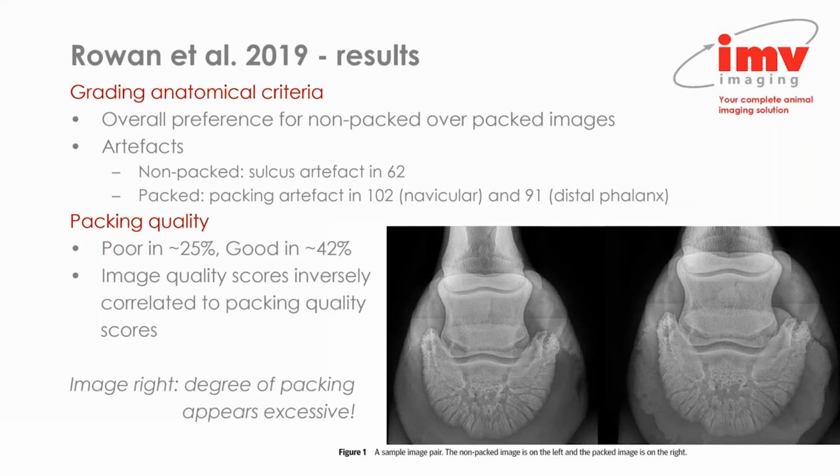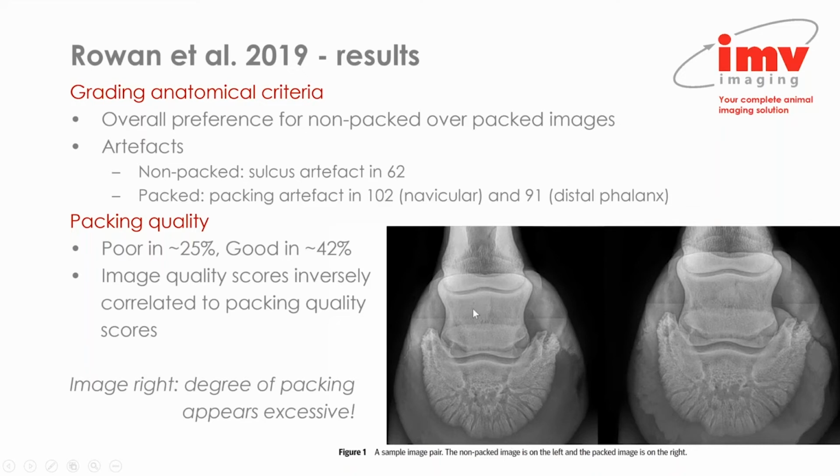They assessed packing quality in relation to the quality scores, and image quality scores were inversely correlated to the scores for packing quality. I pulled out these two radiographic images, which is figure 1 from the study, just to demonstrate the degree of packing that they used.